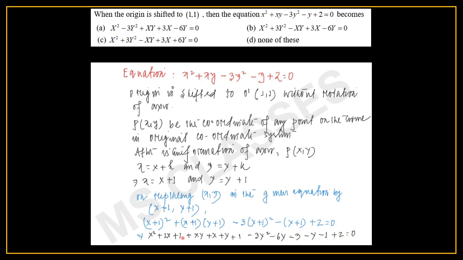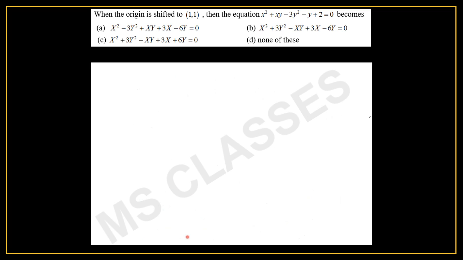So ultimately we will have X square minus 3Y square plus XY plus 3X minus 6Y equal to 0. That is the required equation.